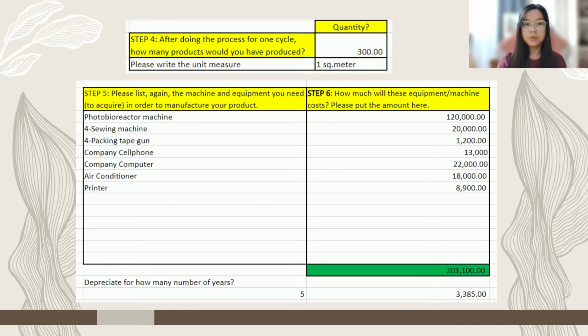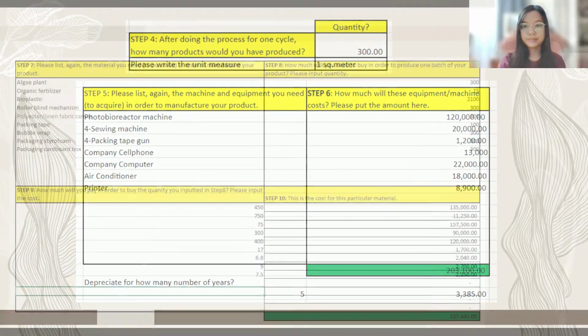The company computer costs 22,000 pesos. The air conditioner costs 18,000 pesos and the printer costs 8,900 pesos. Therefore, the total cost of the equipment is 203,100 pesos and the total depreciation for 5 years is 3,385 pesos.